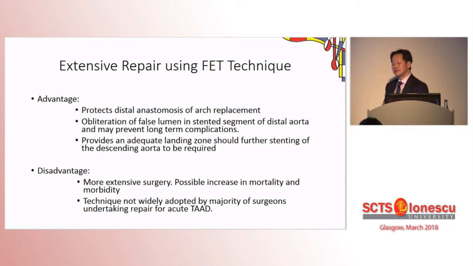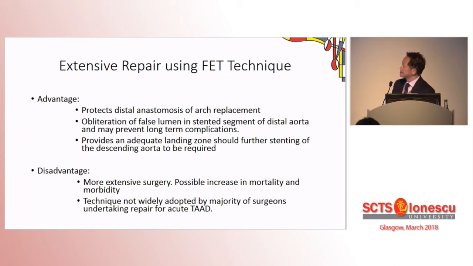That's where the bleeding comes from. And that's because there's a patent false lumen, and you're stitching onto the adventitia, which invariably bleeds. And if you stitch that again and again, the bleeding becomes worse, the aorta around there becomes macerated, it becomes a big problem.